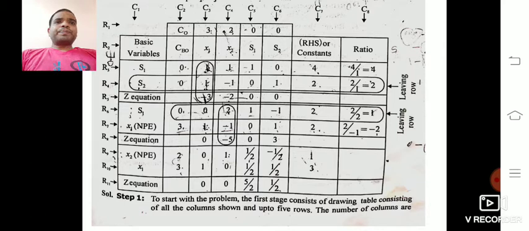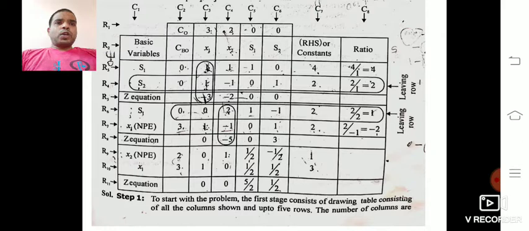Now coming to S1, that is R6. The S1 coefficient in the objective function is 0. Here for the C3 column we again need to apply a formula for this R6 row S1: old element minus entering column coefficient times the corresponding new pivot equation element.